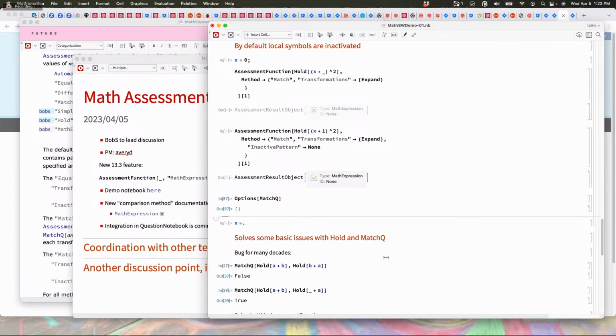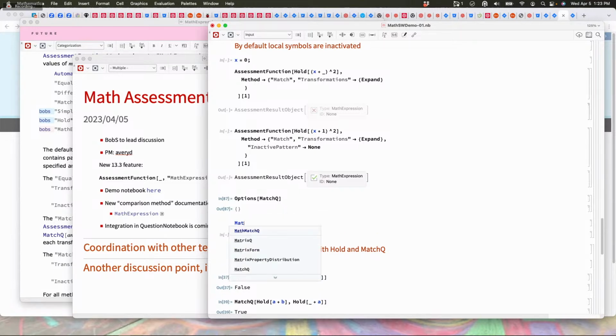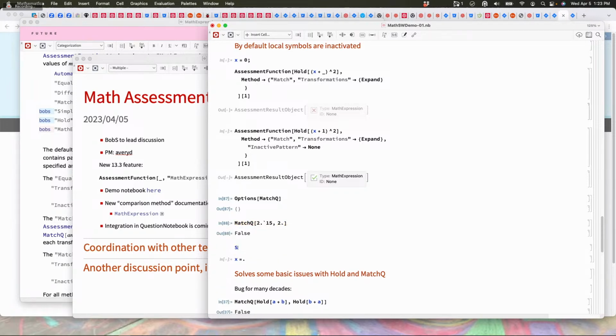But does it use same Q or equal for its way of comparing numbers? I bet it uses same Q. Does same Q have a tolerance? Maybe some. Well, why don't we just look it up? Bring the documentation up. Does same Q have a tolerance? Yeah. It has the same test, I think.